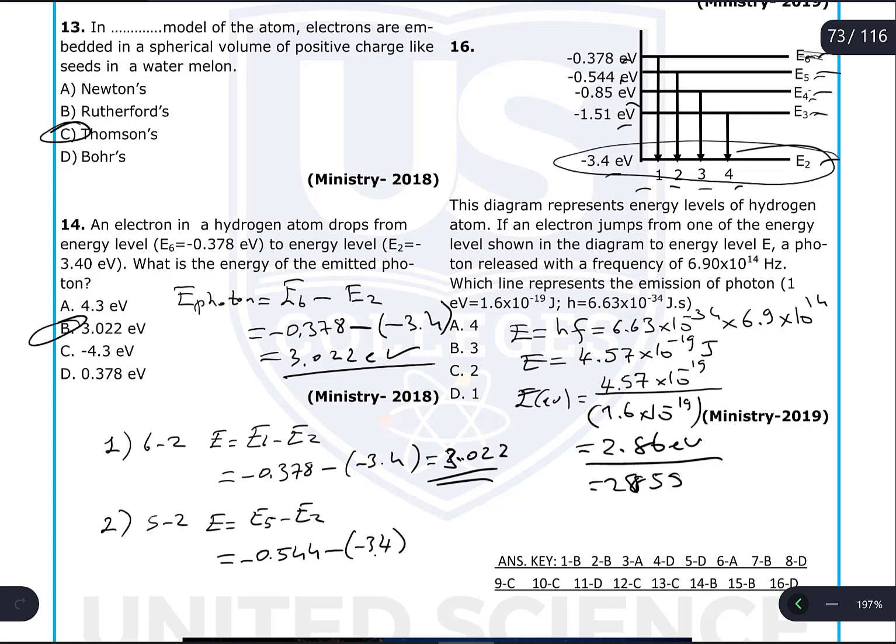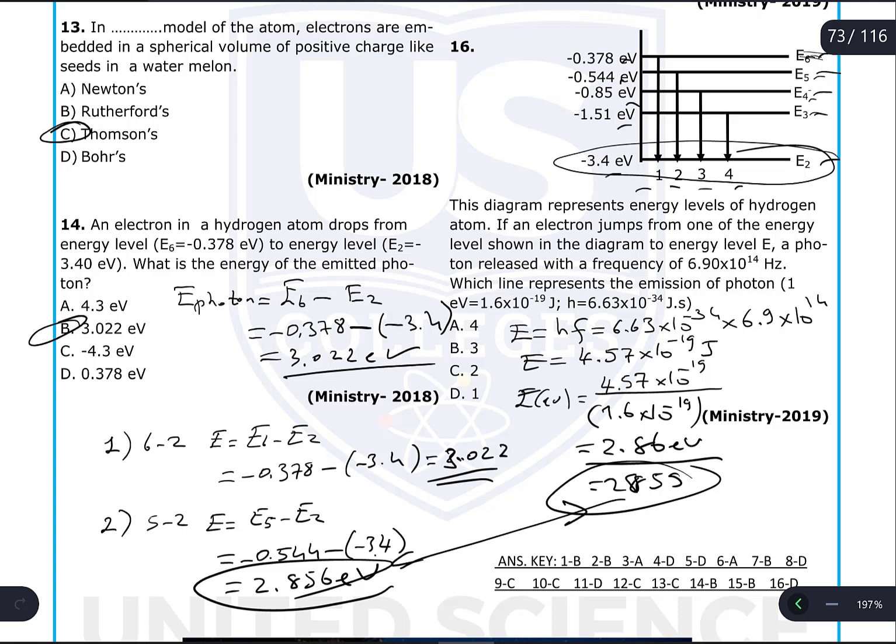So let's do it now: negative 0.544 minus bracket, negative 3.4, close the bracket. Yes, this is 2.856 electron volt. As you see, the numbers are matching each other. So this is the second transition, and C is the correct answer here.